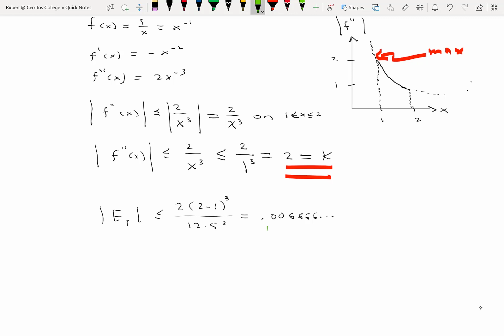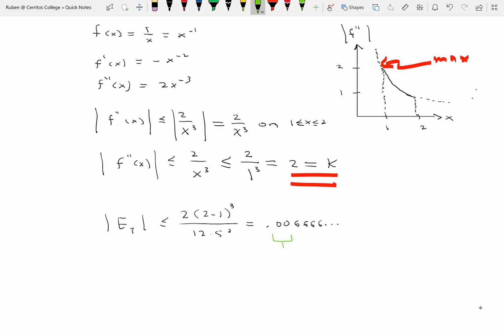We are guaranteed to have zeros in the first two decimal places of that difference. That means the first two decimal places are approximately correct. This is saying that we have approximately 2 decimal places of accuracy.